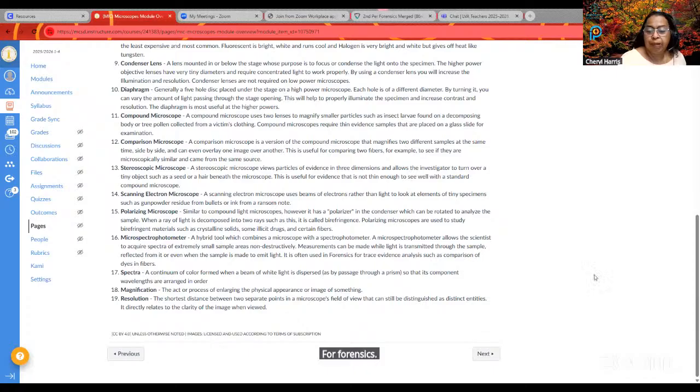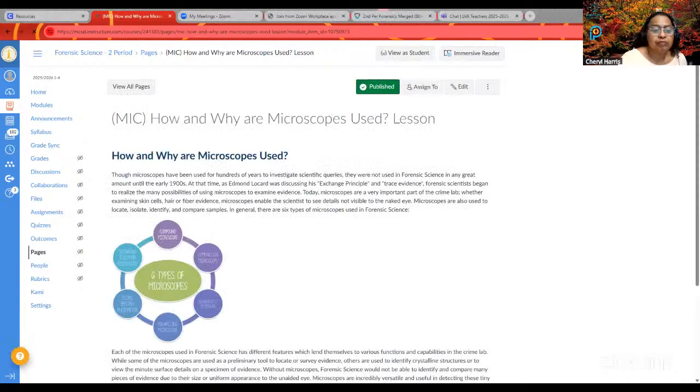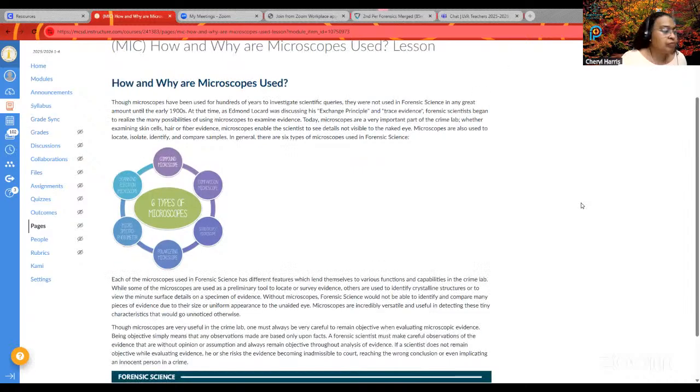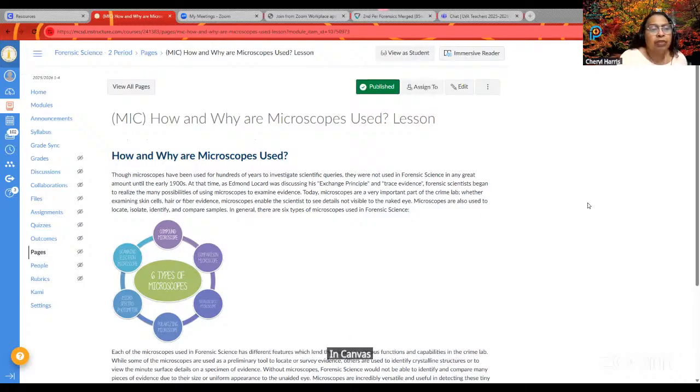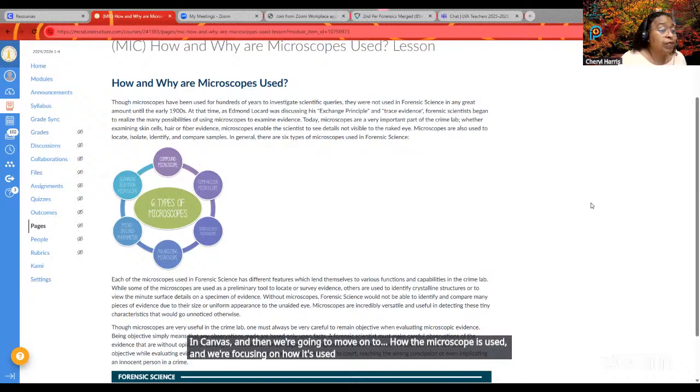All right, good morning. If you're just coming in, we're looking at the overview for the microscope in Canvas, and then we're going to move on to how the microscope is used, and we're focusing on how it's used in forensics.